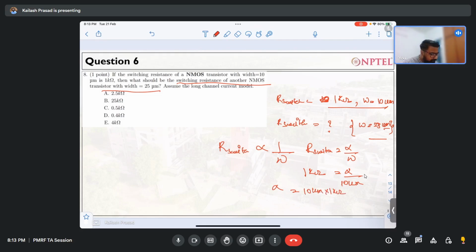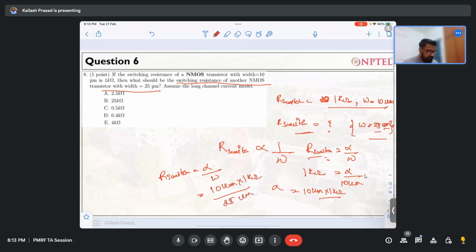Now if I write the same equation for the second one, R switching is equal to alpha upon W. Alpha is 10 micrometer into 1 kilo ohm, divided by 25 micrometer.